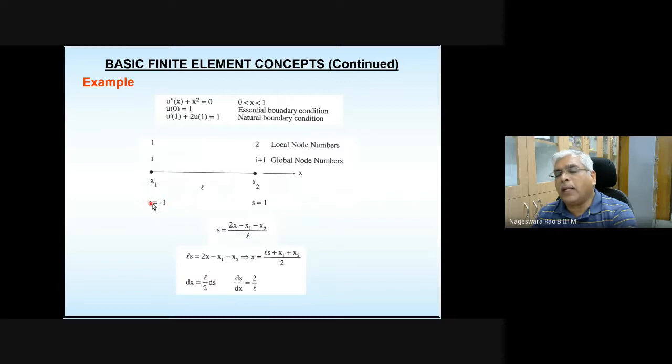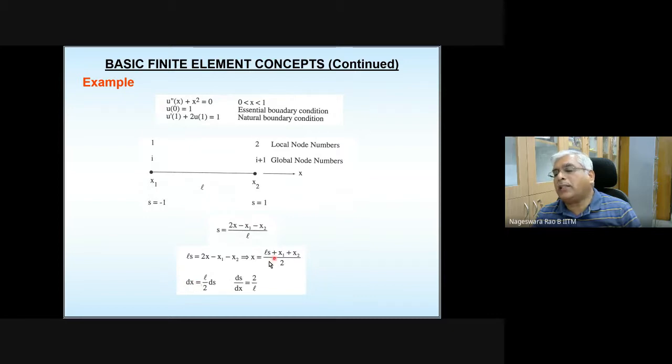This parent element has two units length. I'm taking a small piece of that, ds. If ds is the size of the element that I take in the parent domain, and it corresponds to dx in the x coordinate system, what is the relationship between dx and ds? This relation is very, very important. So how do I get it?